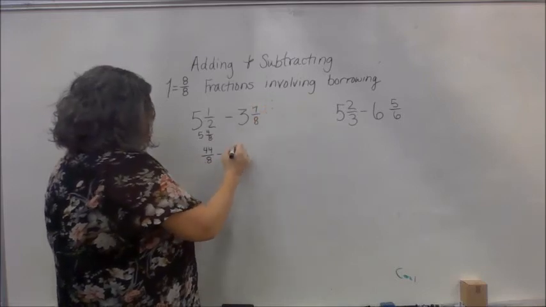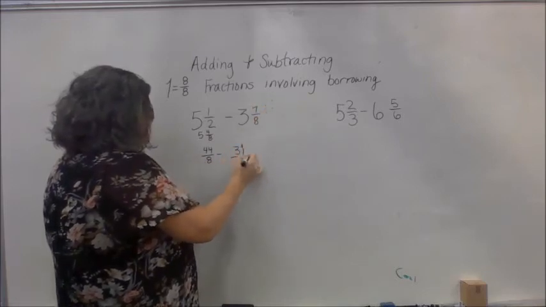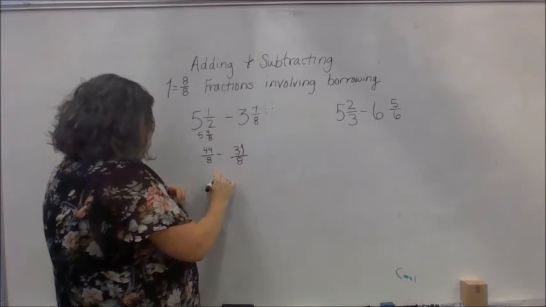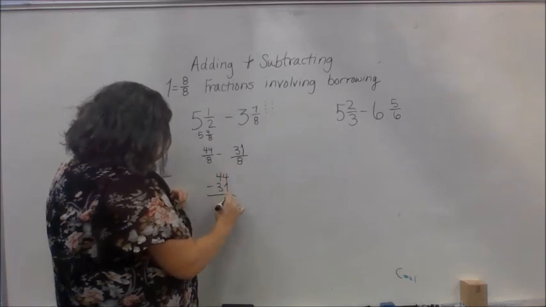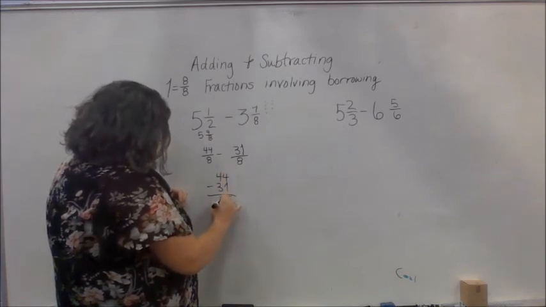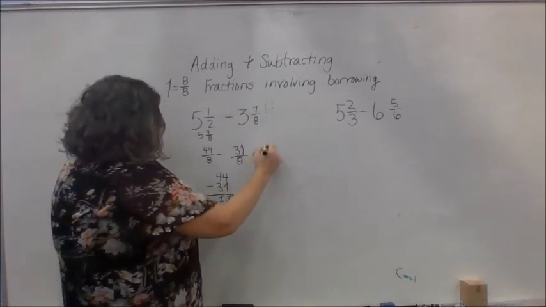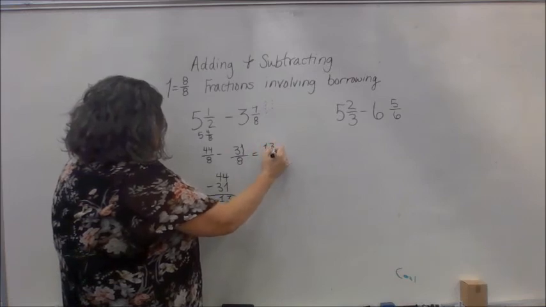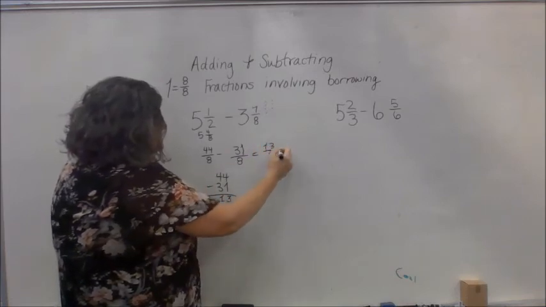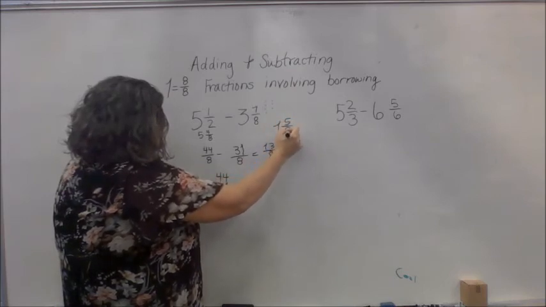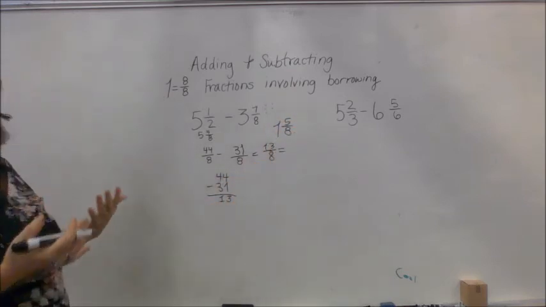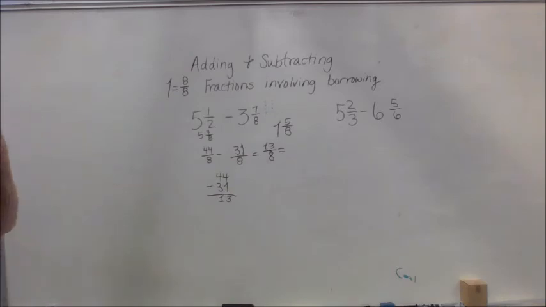So that's 31 over 8. And 44 minus 31 gives me, that's a what? What is that? That's 3. And that's a 1. So that gives me that 13 over 8, which is equal to 1 and 5/8. So that's a bunch of different strategies for doing subtraction involving borrowing.